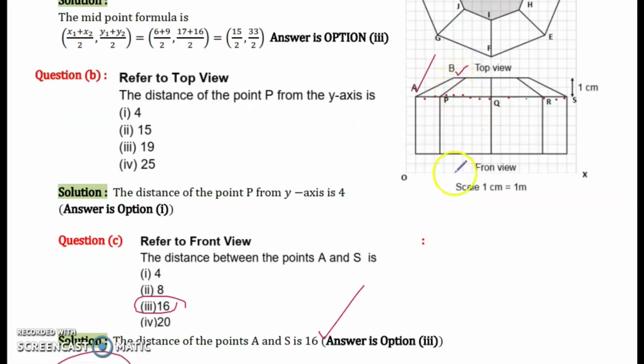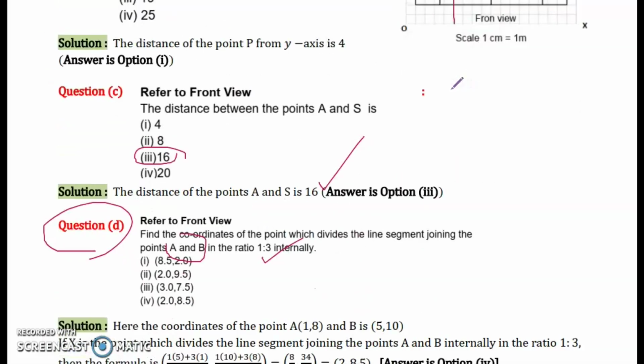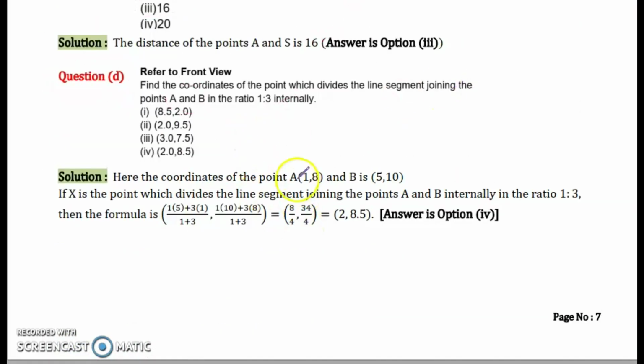See, the reference is from here. A is 8, from A how many units moved up? That is 1, 2. That means in the y coordinate it is 2 units up. So the coordinates of A are 1 comma 8 and the coordinates of B are 5 comma 10, internally in the ratio 1:3.